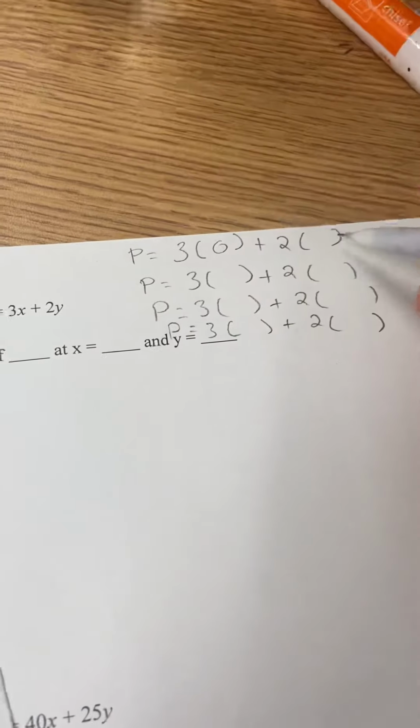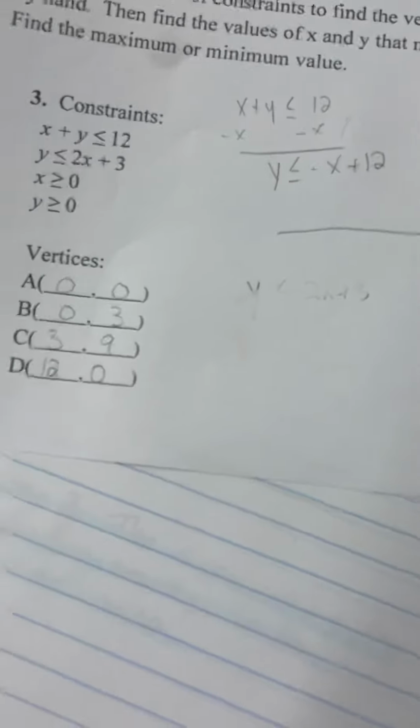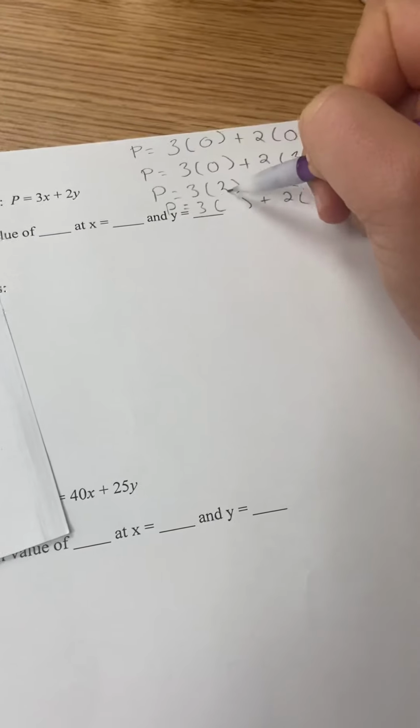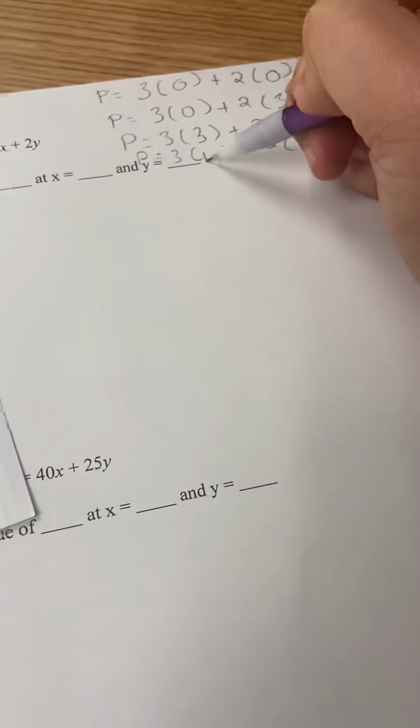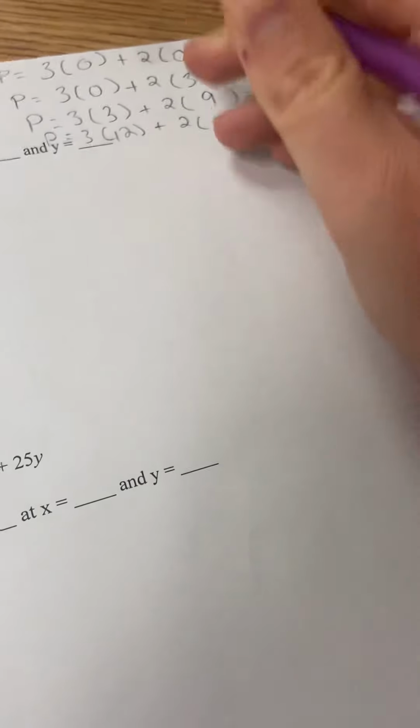Now, the points that I'm using are 0, 0. So I'm going to go in my first one and put 0, 0. Then 0, 3, 3, 9, and 12, 0. Now I've got to see what each one equals.